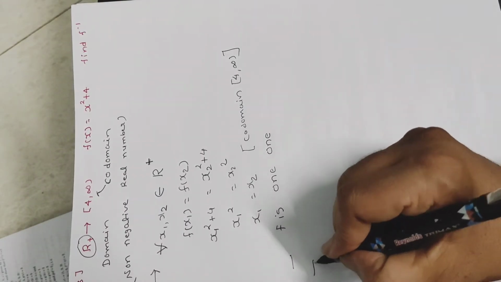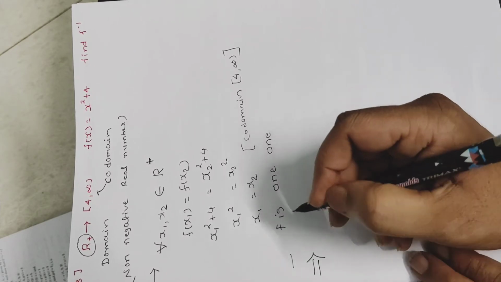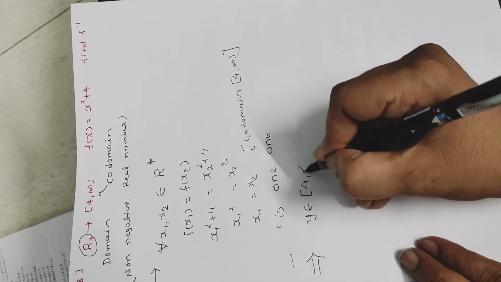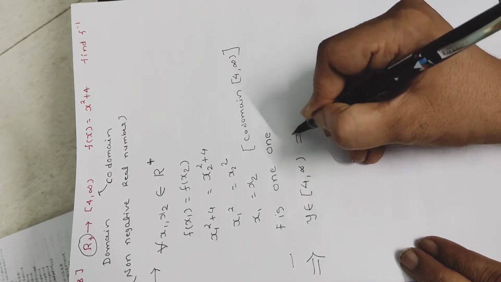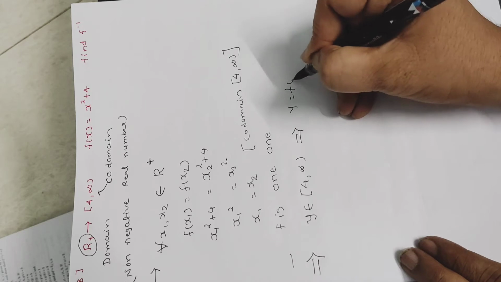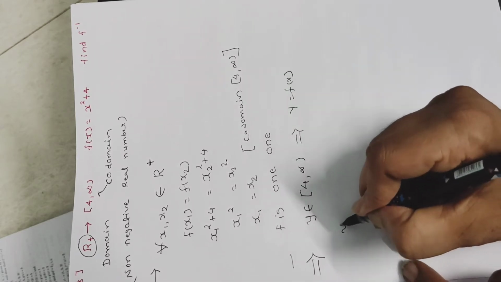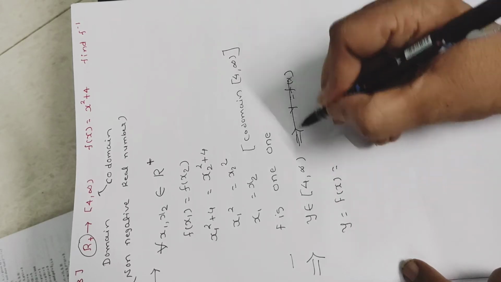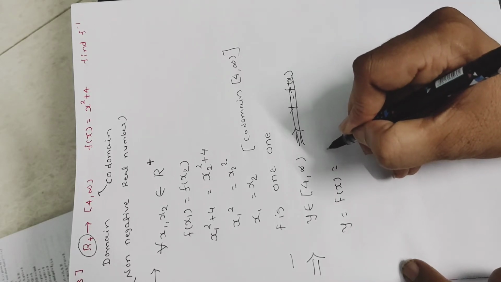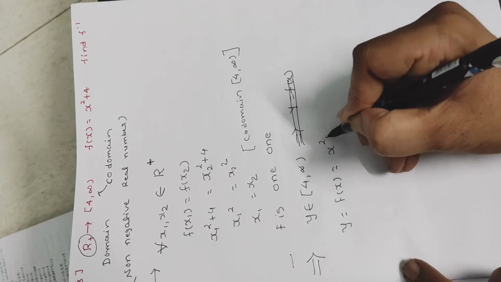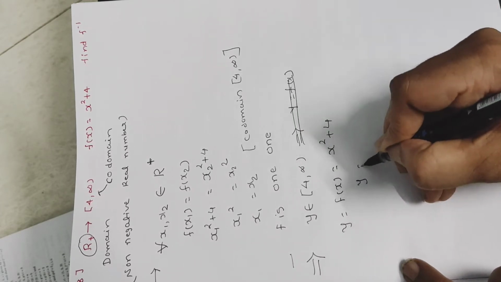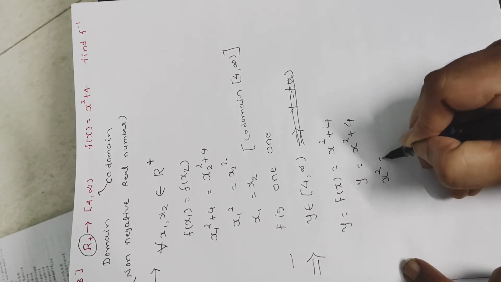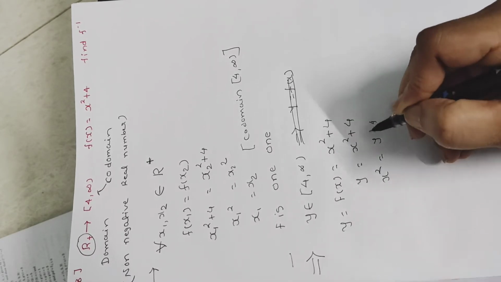Now for onto, y belongs to 4 to infinity, where y is equal to f(x). Again, y is equal to f(x) is equal to x square plus 4. So y is equal to x square plus 4. So x square is equal to y minus 4.